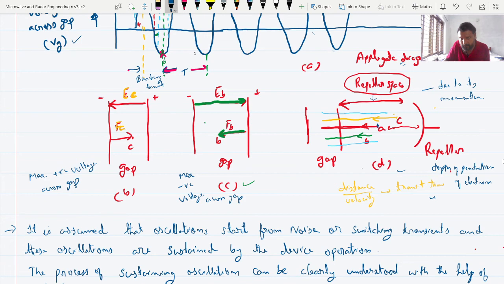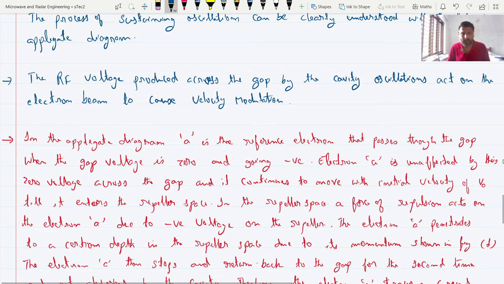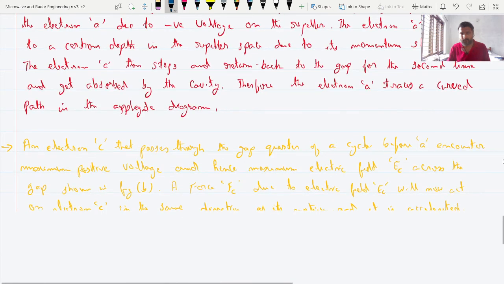So these are the things. I write that point also. That is the last section. The similar things I have indicated in this yellow line, only small changes.